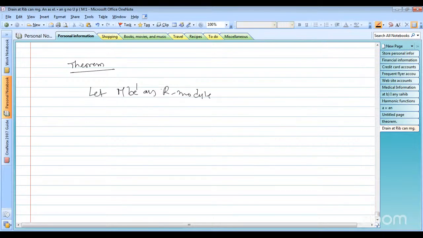Let M be an R module, you can take here, and N a submodule.